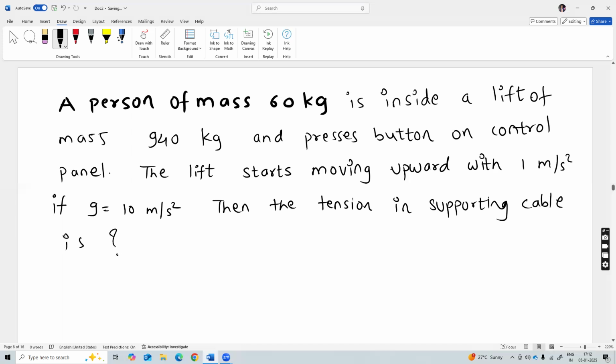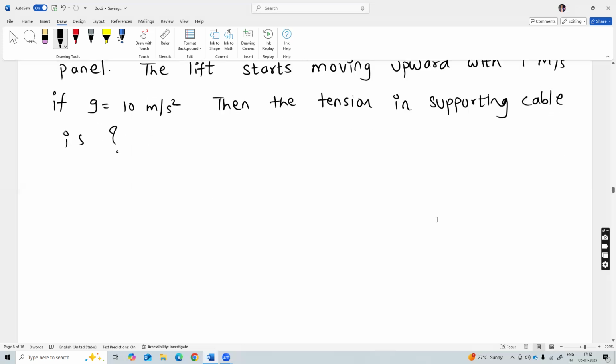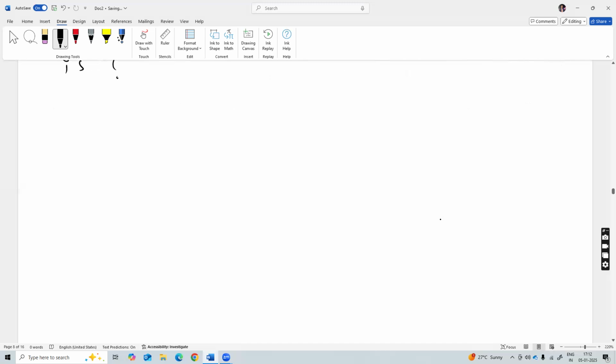Okay. So the mass of this person is 60 kg and he's sitting inside the lift of 940 kg. Let's say this is the top, there is a cable and the lift is there, and this person is standing in the lift.